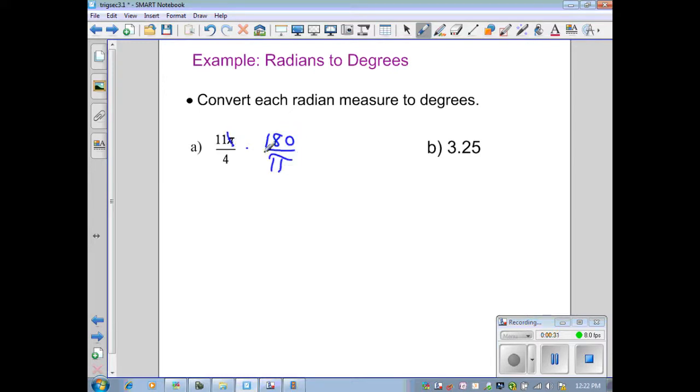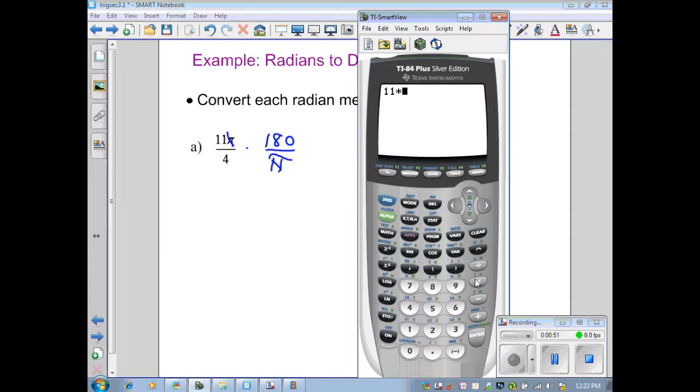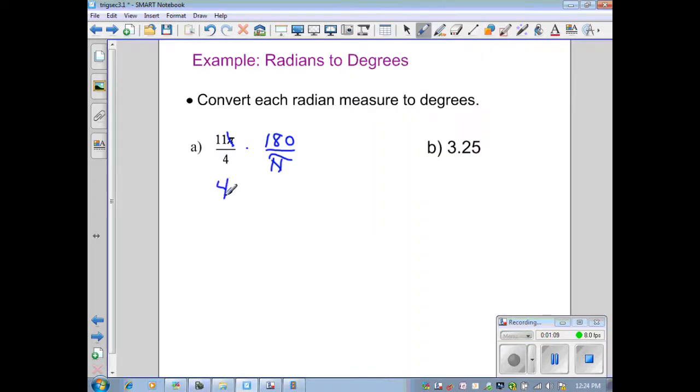Here, the pi's cancel out, and then we simplify the fractions. The quickest way is to use a calculator: 11 times 180, and then divided by 4. So 11 pi over 4 radians is 495 degrees.